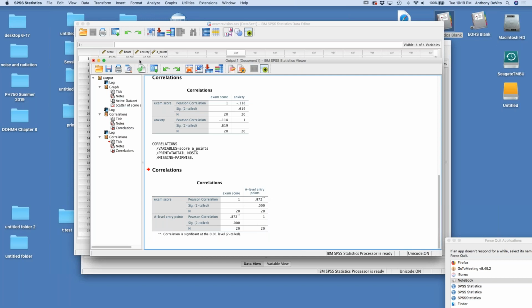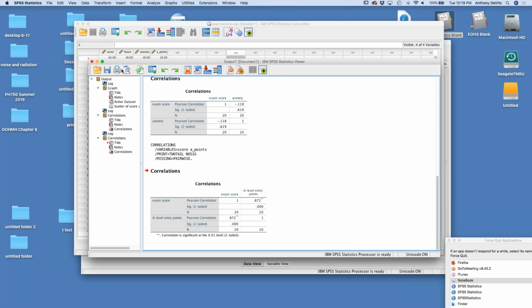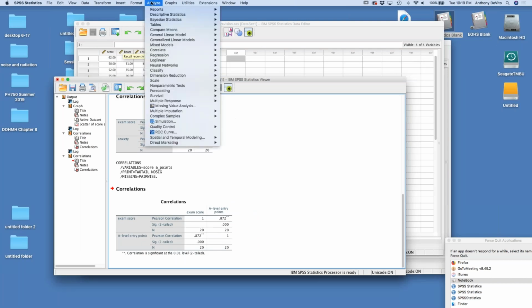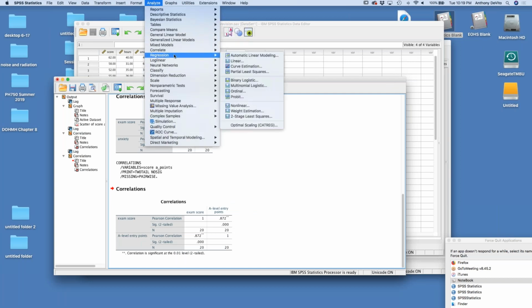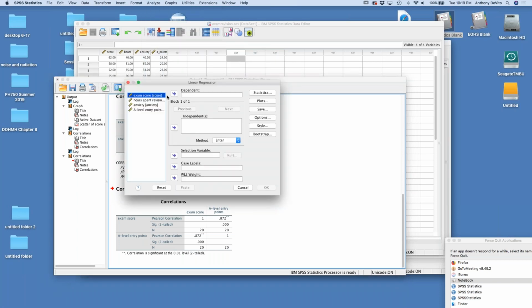So let's see what I can do if I look at both of these variables at the same time, and see if I can make both of these variables work for me at the same time. So I'm going to go into regression, and look into linear regression. This time I'm going to put my dependent variable as the exam score.